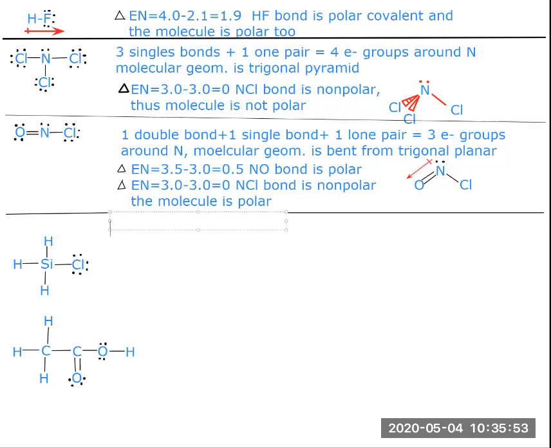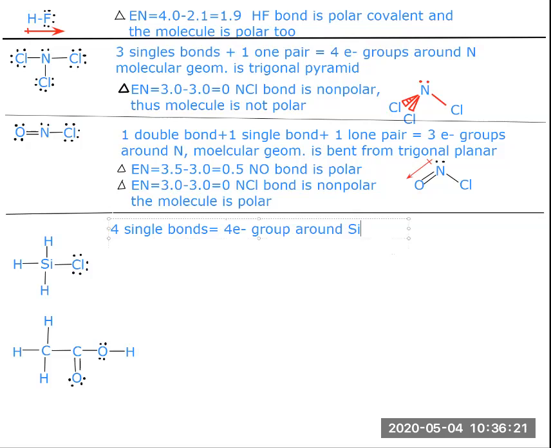So 4 single bonds. That's it. It's only 4 single bonds. So that's 4 electron groups around Si. We're only counting around the central atom, and here the central atom is the silicon.